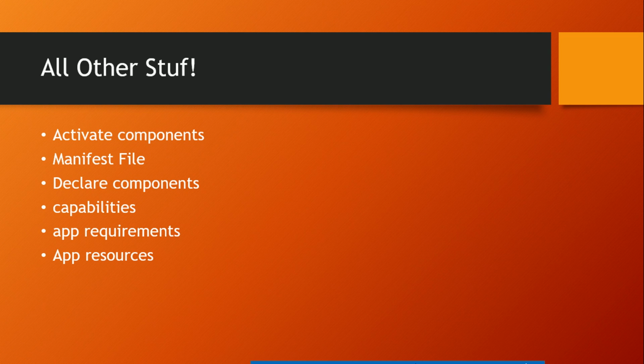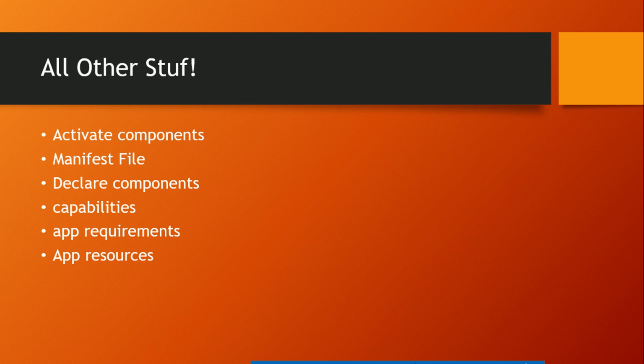So your app must declare all its components in this file. Any component you are going to use in your application, the services, the content providers, the activities, or the broadcast receivers, we first need to declare in the manifest file, because the system must know what we are going to use in our application.